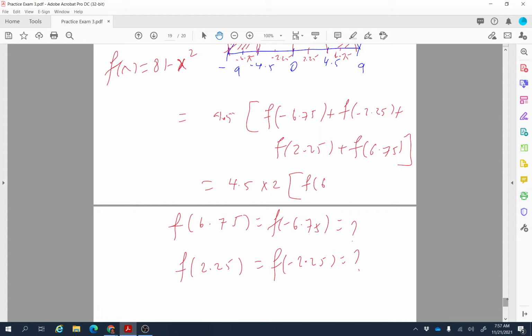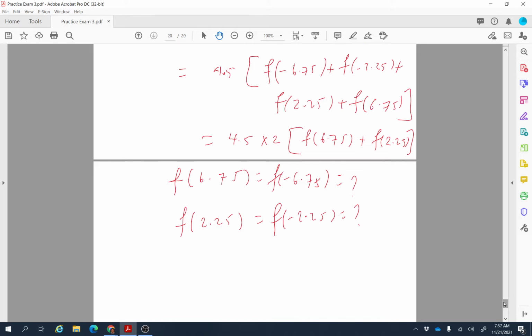The value of the function at 6.75, the value of the function at 2.25. So it's 9 times the value of the function here and here. So eventually this value is 9 times: this one is 81 minus 6.75 whole square, and this one is also 81 minus 2.25 whole square.